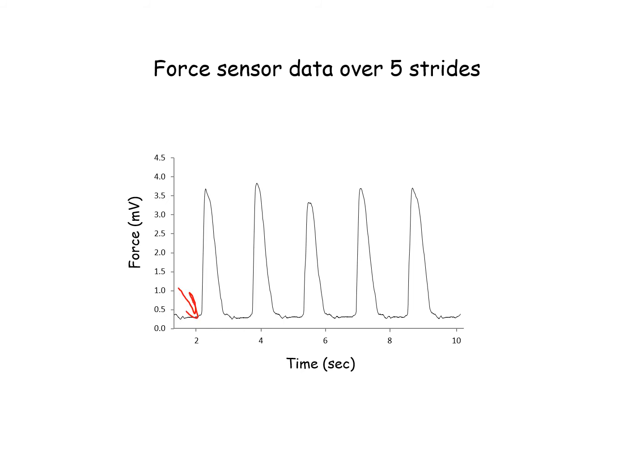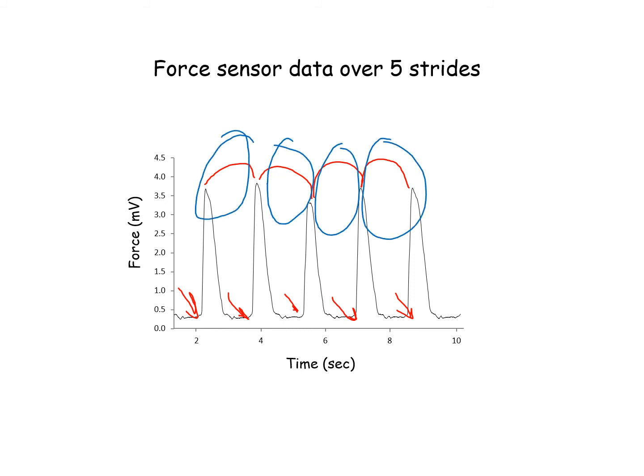So we have heel strike to heel strike, heel strike to heel strike to heel strike to heel strike. So we've measured 1, 2, 3, 4 stride to stride intervals. We are measuring this interval here, here, and here. And we're just trying to see how variable or how consistent these are.